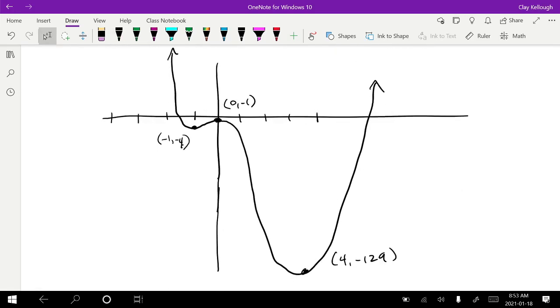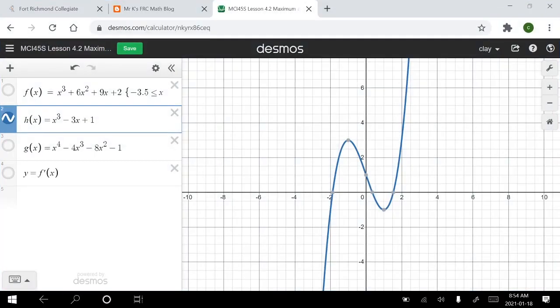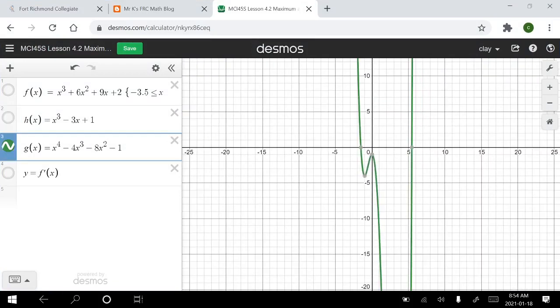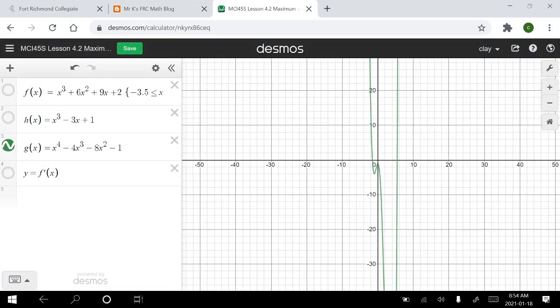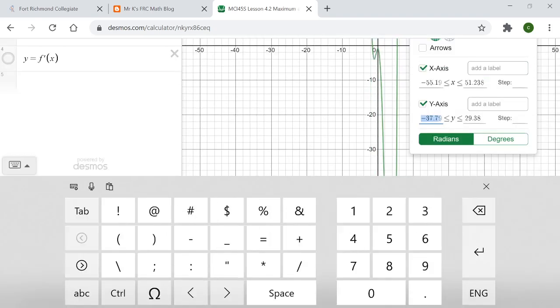Just to prove that that is what's going on, let's take a look at Desmos. Desmos. Come on. What's wrong with, oh, come on, my big stubby fingers. And let's close that one, and there it is. It's something like that. Actually, maybe it'd be easier to just take this and change the y-axis to put some numbers like, say, -10.